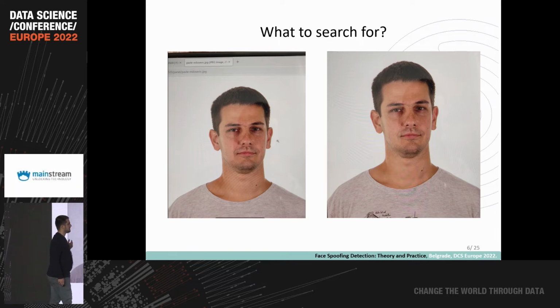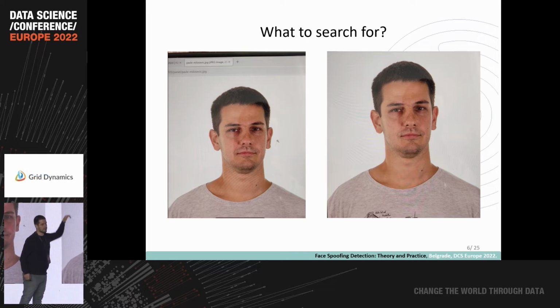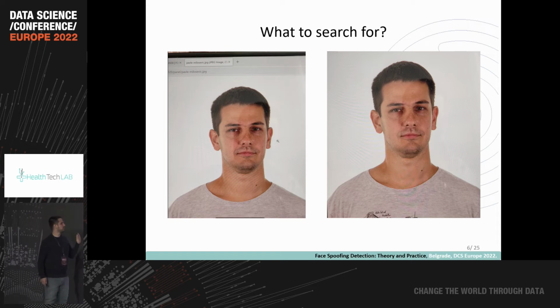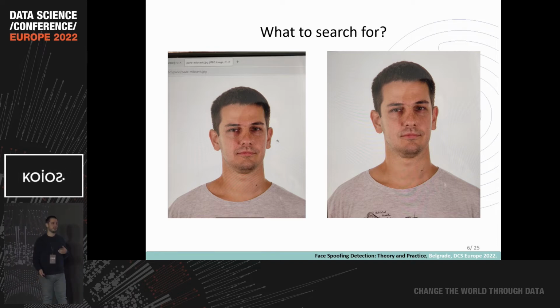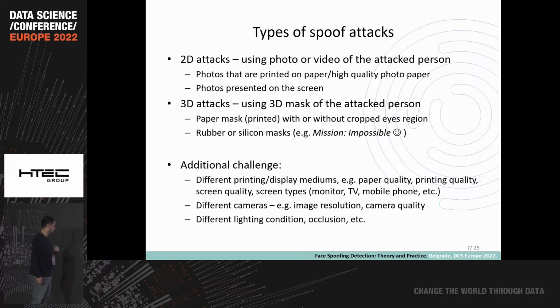Also, when you take a photo from some screen, some curves appear on the photo, so-called Moiré patterns. So we are trying to detect that also. When you are printing a photo, you certainly lose some quality of the photo. So you may observe colors, you may assess some quality metrics of the photo, and essentially that will be the main topic of my speech. Okay, before solutions, let's talk about the problem some more.